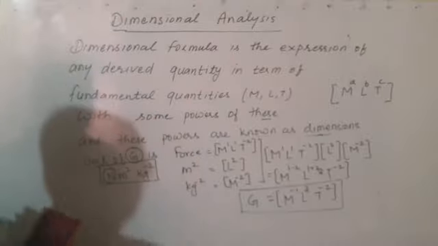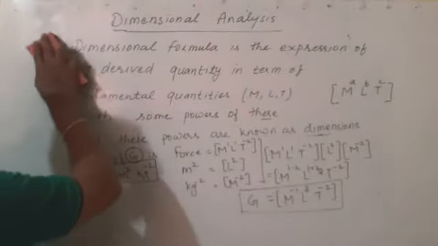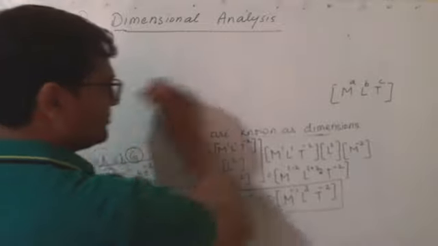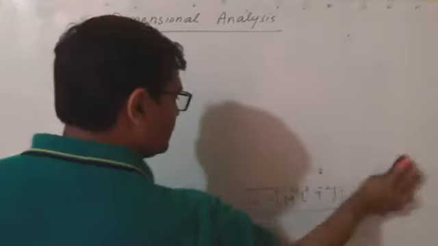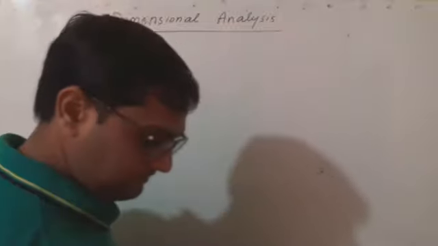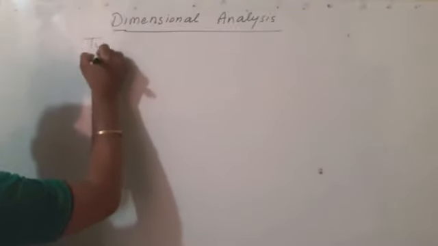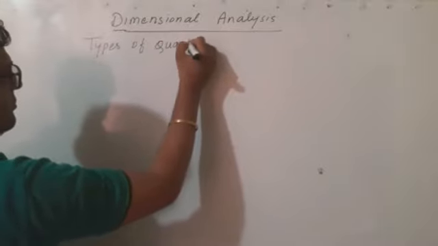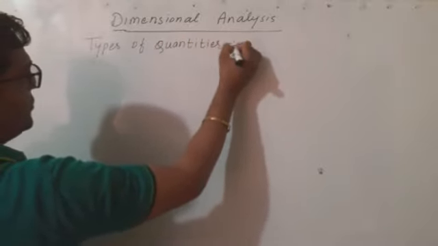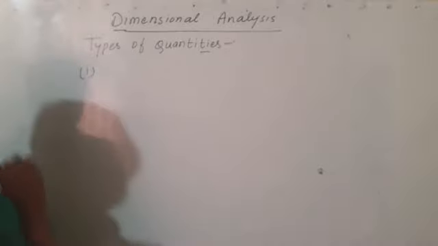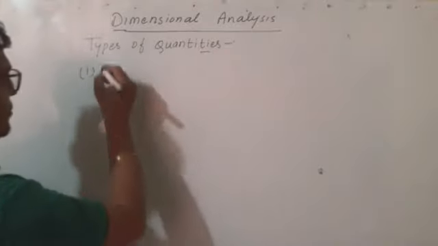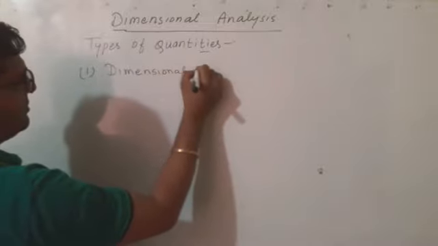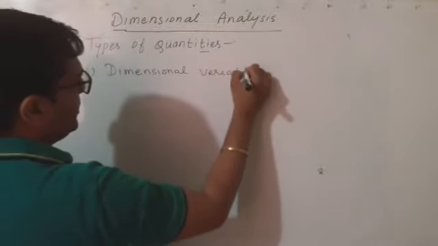Next is types of quantities. We have 4 types of quantities. One is dimensional variables.